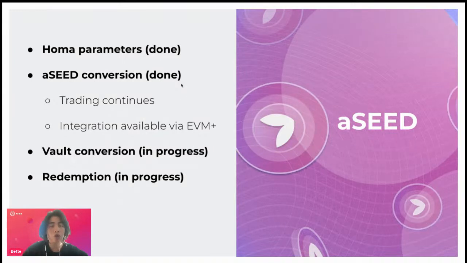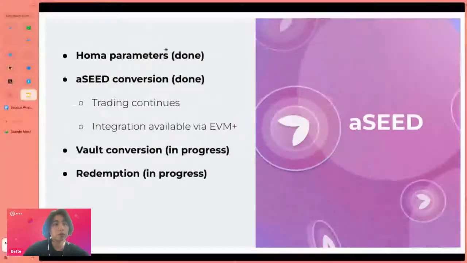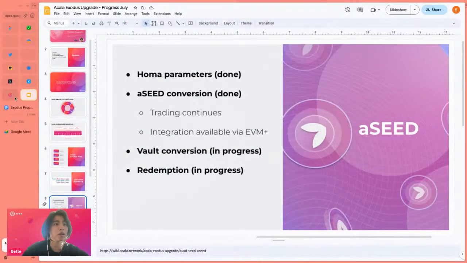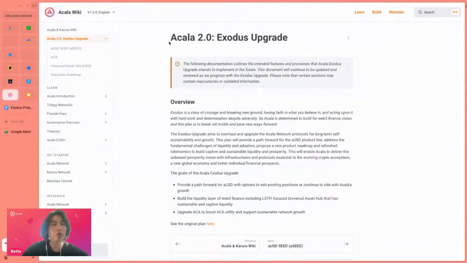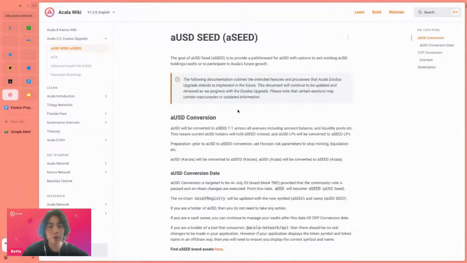If you go on to the wiki page that we have, so if I can just maybe share that. Yeah, if you go on to the wiki, there's a bit of documentation there, but just be aware as we progress, there will be more content put on this, and there will be amendments to some of the technical details as well.